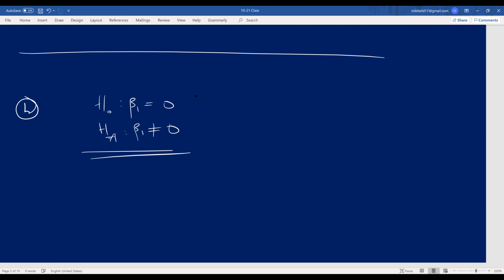So what is your next step? The next step is to calculate the test statistic, right? That will be, as I explained before, beta 1 hat minus the hypothesized value, which is 0, divided by sigma hat of beta 1 hat.